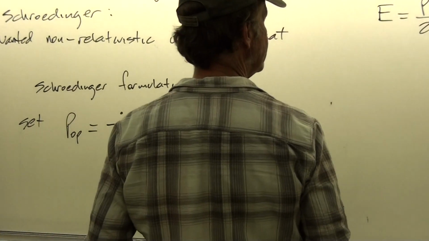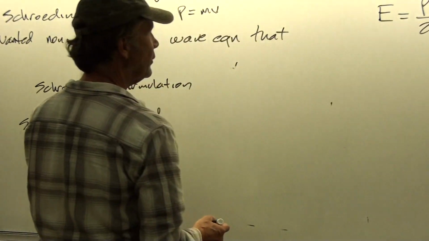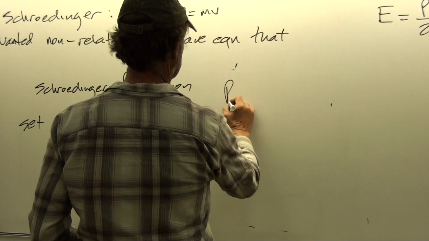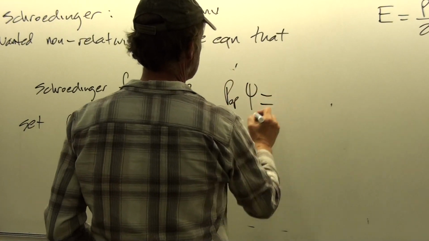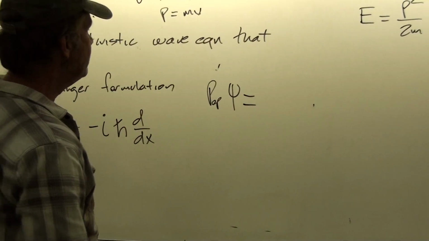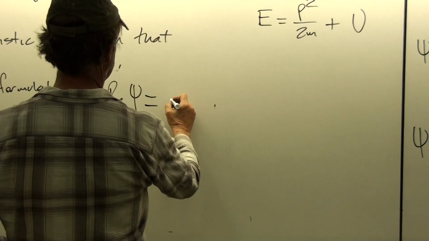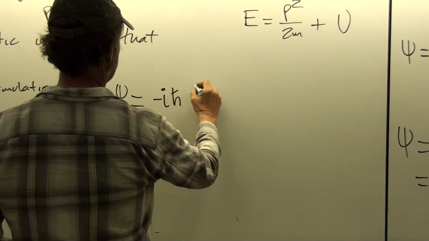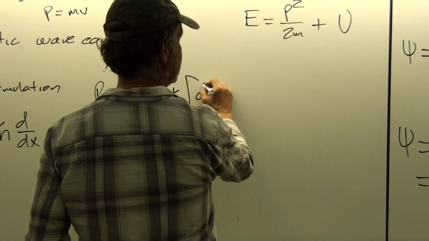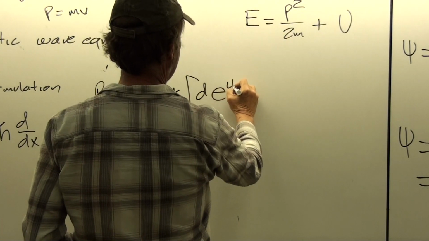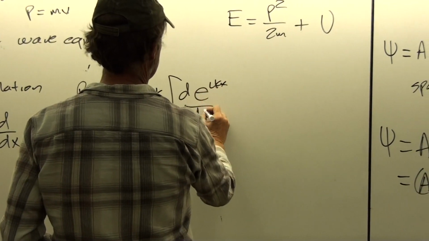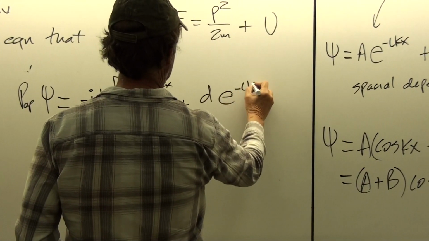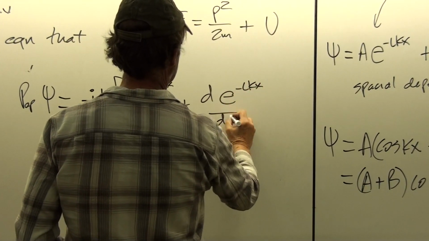Then, if we want to apply that momentum operator to psi, what we're going to end up getting here is minus i h bar times d e to the i kx dx plus d e to the minus i kx dx.